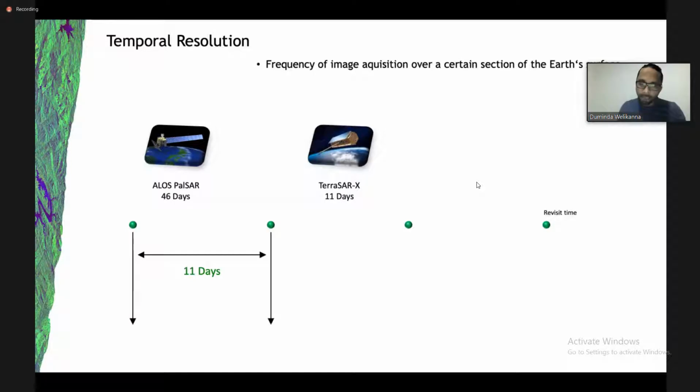Now, if there is a way that you can map the distribution of COVID patients in Colombo, of course, you need another image as soon as possible. You can't wait 46 days. You need a second image much more quickly, right? Because you know how rapidly COVID is spreading. So if you can interpret the amount of spread using a satellite image, of course you can do it, but it needs a bit of hard work. You need a very high temporal resolution.